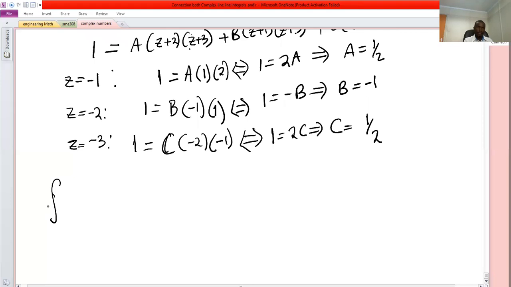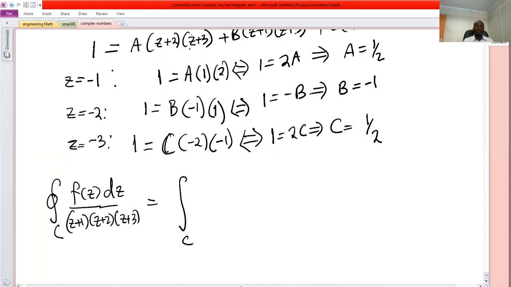So that my integral of f of z dz over (z plus 1)(z plus 2)(z plus 3) will be the same as the integral along C of f of z over 2 into (z plus 1) dz.